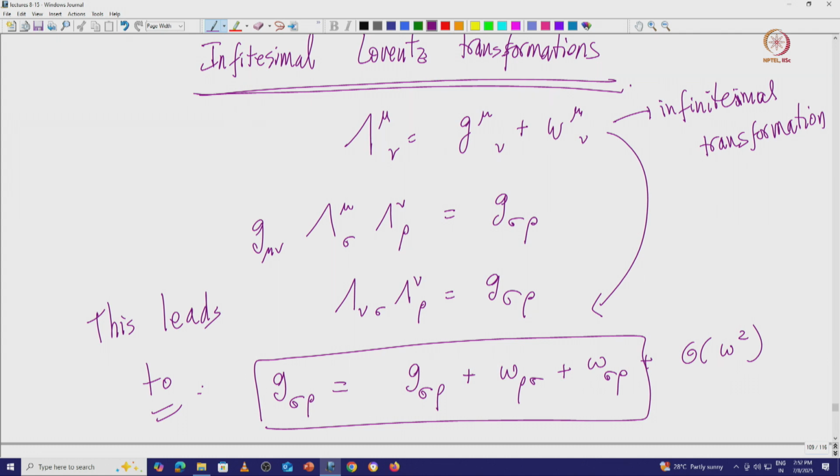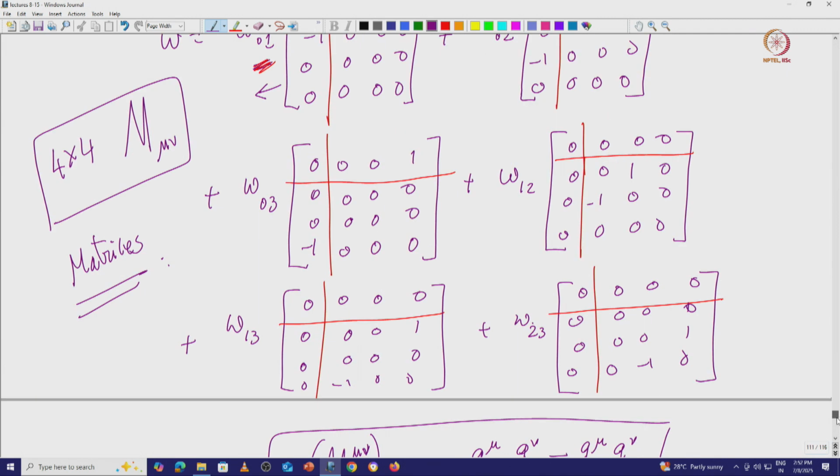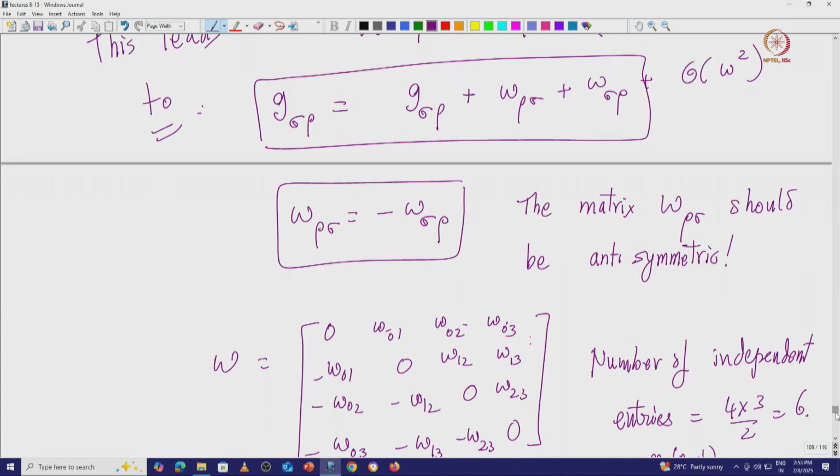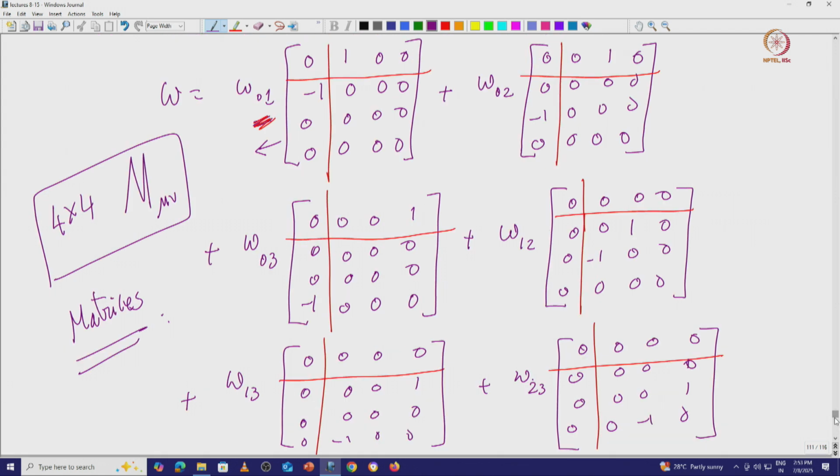You see this modification is a tensor or a matrix, and it should be an antisymmetric matrix, because you can show that at order omega squared, it should reproduce your metric. So the matrix omega should be antisymmetric, and this puts some conditions upon the matrix. It's a 4 by 4 antisymmetric matrix, so the number of independent entries is only 6. Okay, there are only 6 entries, and we have explicitly written down all the 6 matrices which are possible.